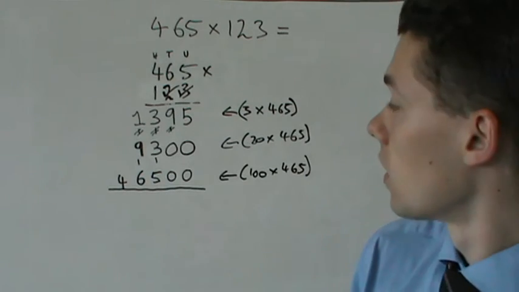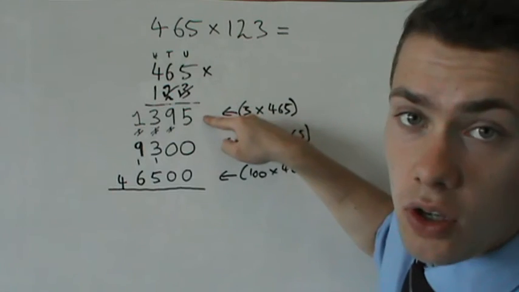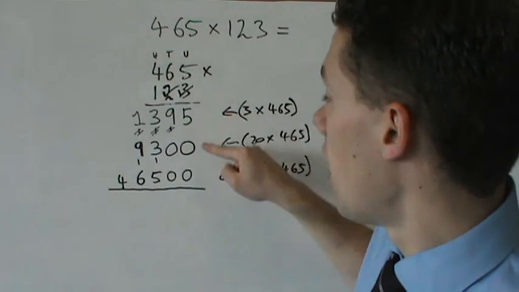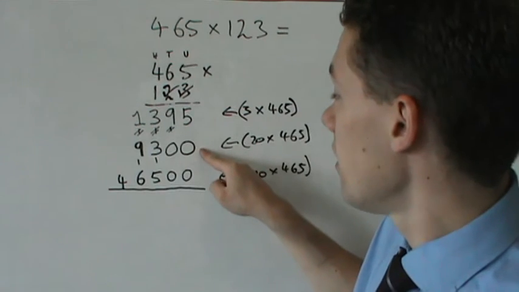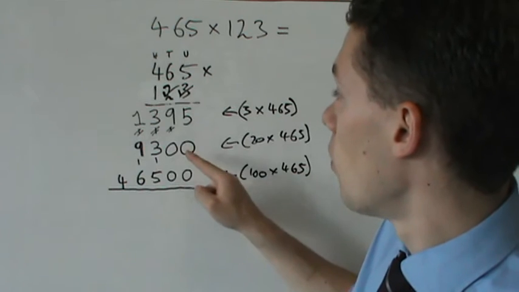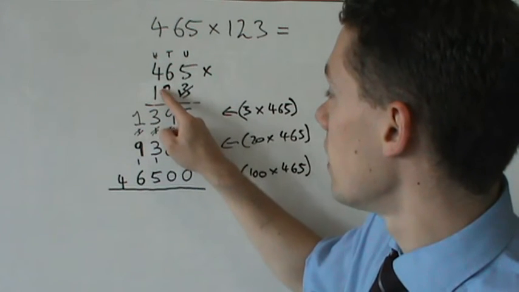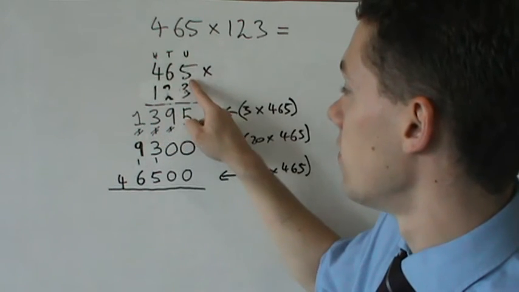So write that there, that's 100 multiplied by 465. Now I don't just want 3 lots of 465. I don't just want 20 lots of 465. Neither do I just want 100 lots of 465. I want 123 lots of 465.